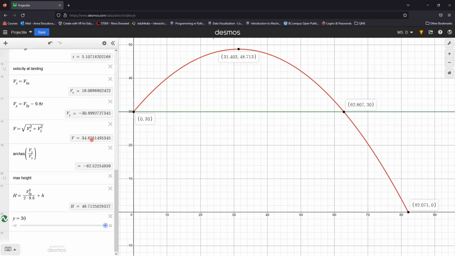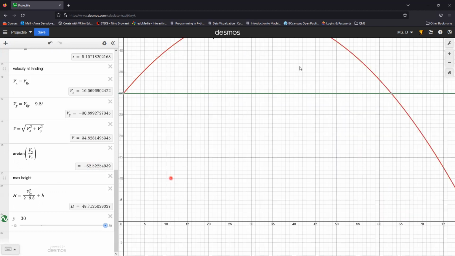I don't remember where we had that. And yes, we had 34. Angle 62, did we have that? I think we did, 62. This is negative, meaning that it's pointing down, but regardless.